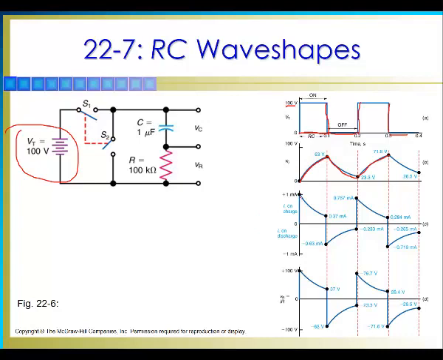It's a very similar situation when it comes to the current. If the switch is on, the current is going to go through this circuit. Let's say the capacitor is not charged at the moment, so the current is fully flowing through the circuit.